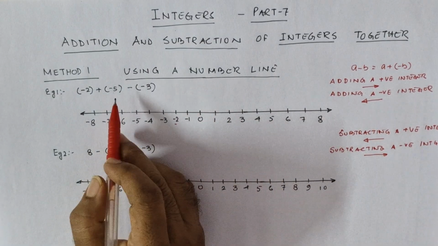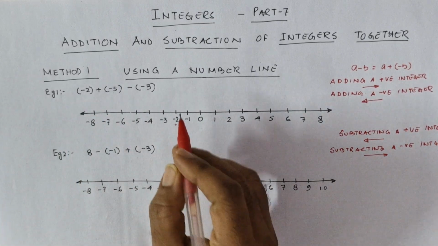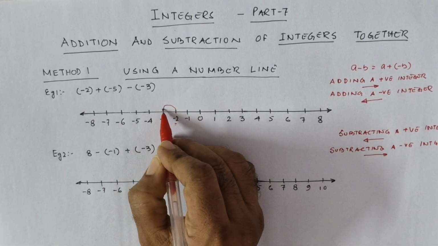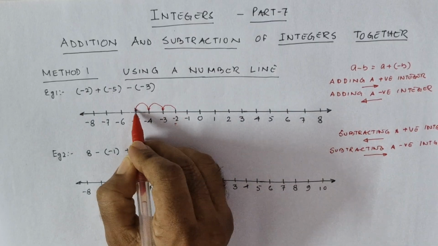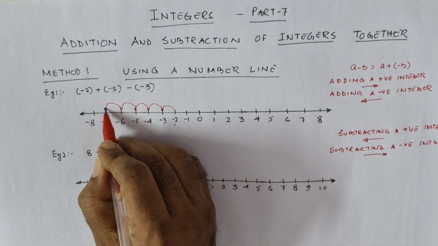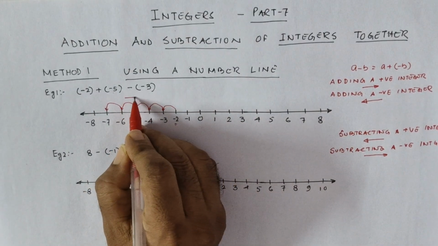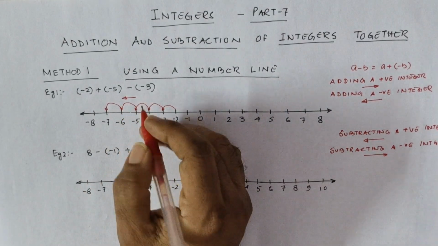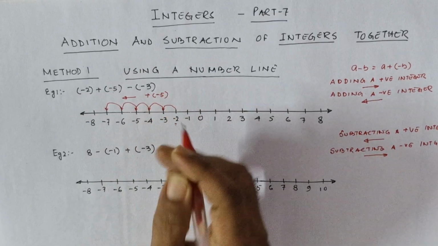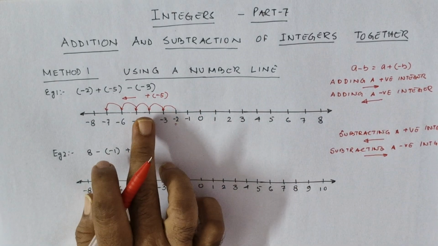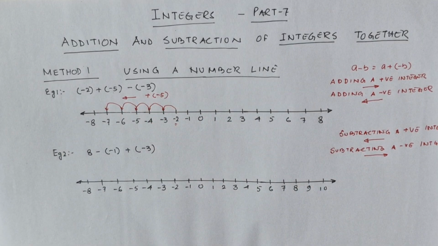So we have to go 5 places towards the left of the negative 2. So 1, 2, 3, 4 and 5. So we've reached minus 7. Right here, just put an arrow, plus of minus 5. That is what you have done right now. So you are showing it above the jumps that we have shown.